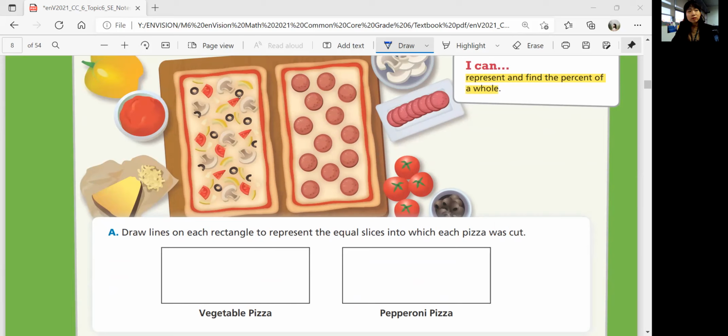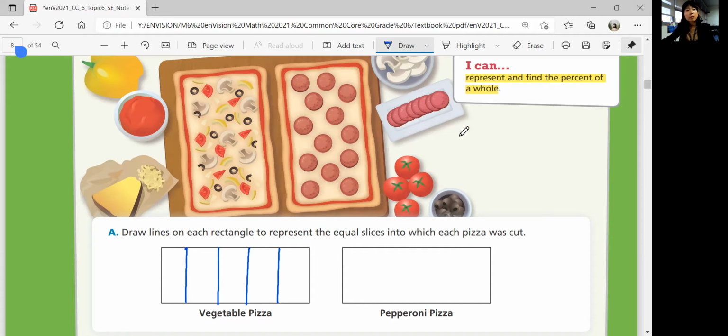That's about half. So I'm gonna cut somewhere over here. And then that's 1, 2. I'm sorry if it's not drawn equally. Yeah, so that's 1, 2, 3, 4, 5 slices.